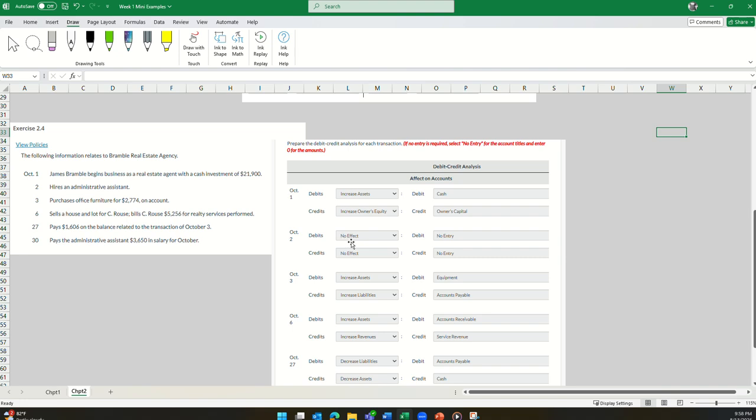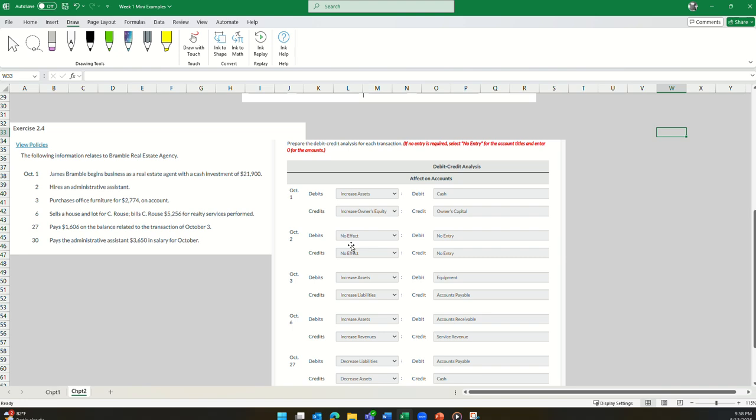For October 3rd, it looks like some money is going to be moved around when he purchases office furniture for $2,700, and he did it on account. He didn't use cash. He did it on a business credit card or something.